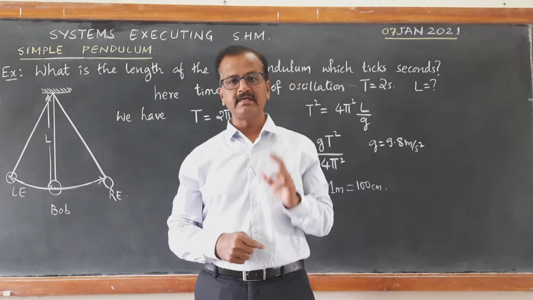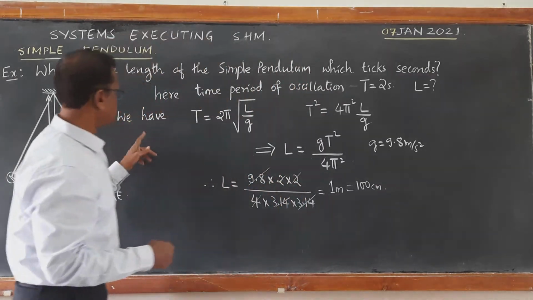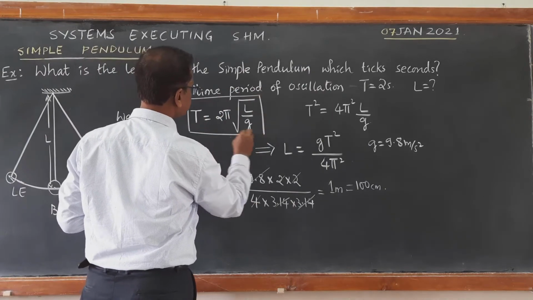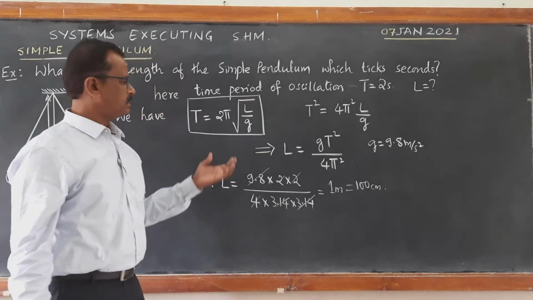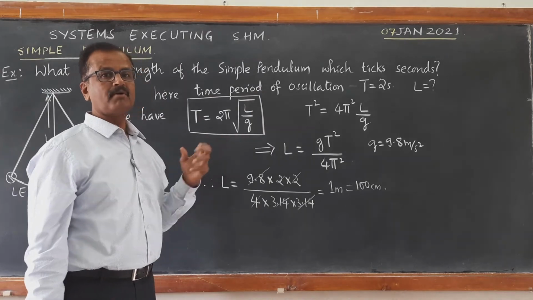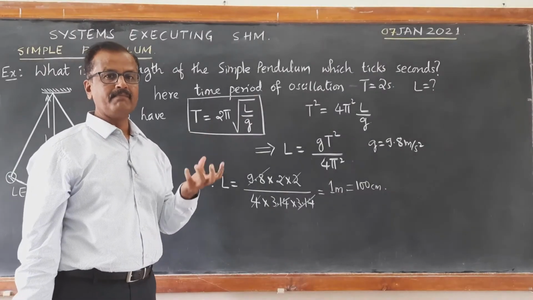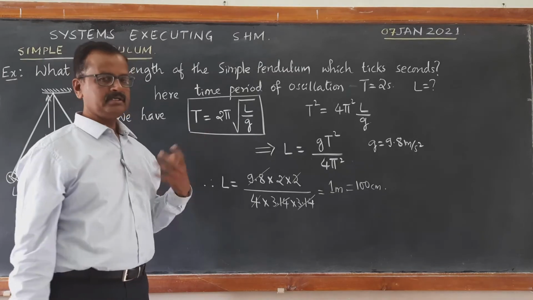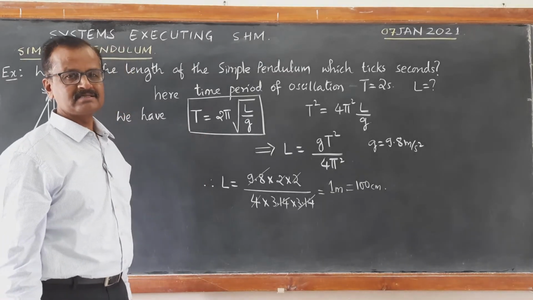And one more interesting thing you observe from this equation: the time period of oscillation does not depend on the mass of the bob, whether you take a heavy bob or a lighter bob. The time period of oscillation is independent of mass. This is very important.